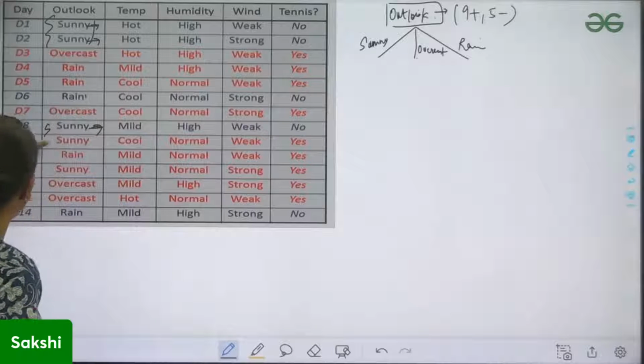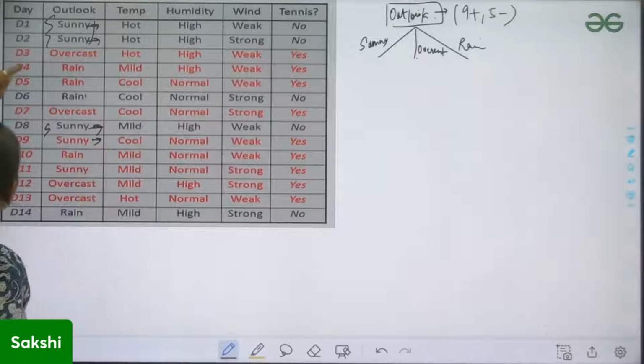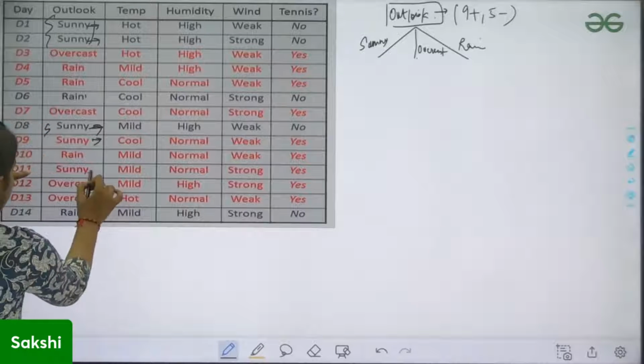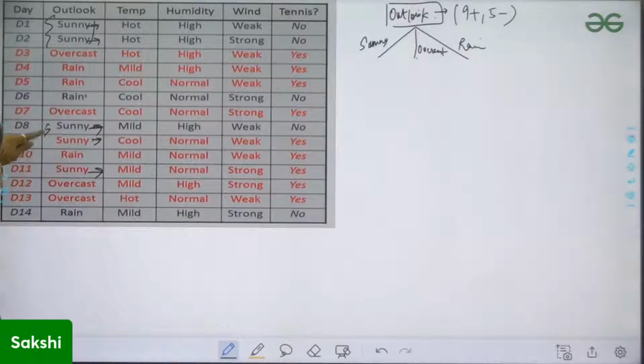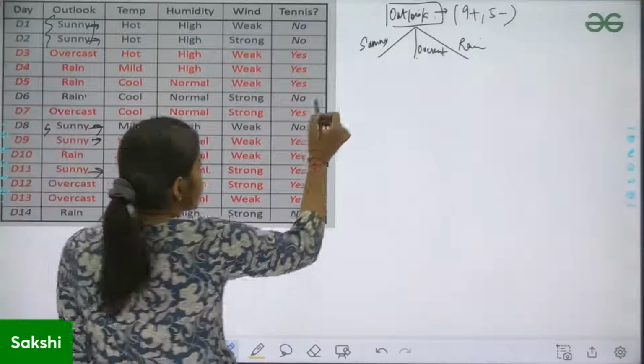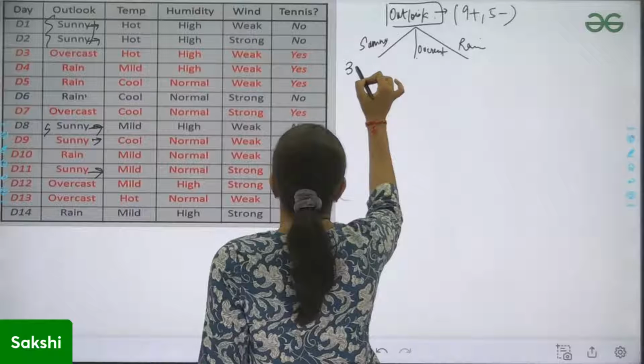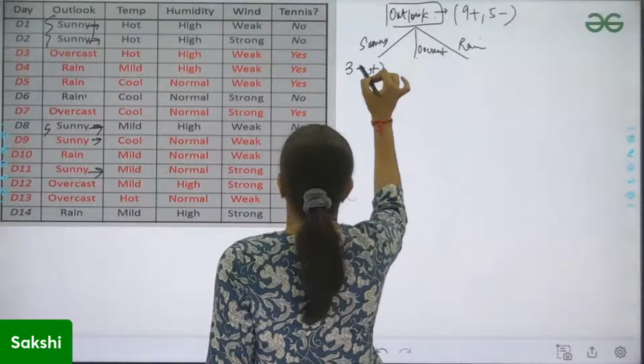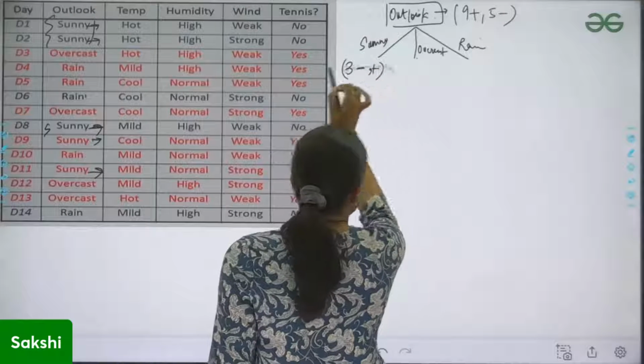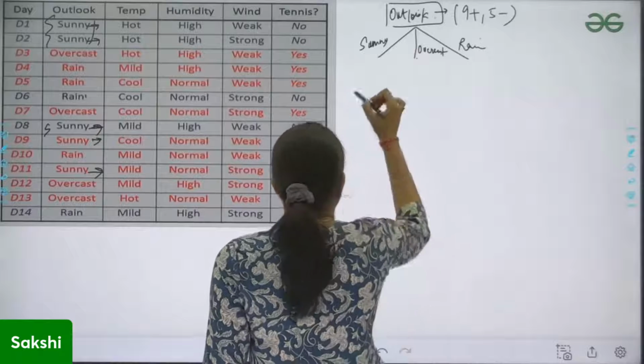Okay, we have 5 sunny days. Out of that we have 3 positive and 2 negative. So I can say that here, sorry, 3 negative and 2 positive. It is in color, so that's why I felt like that.